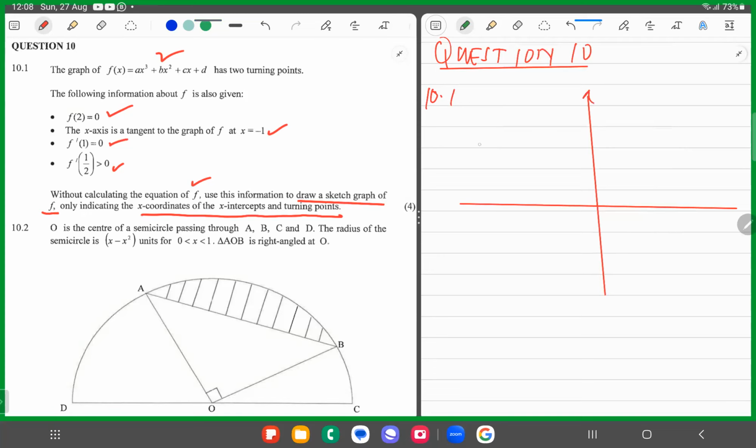So we have this. This goes there. Minus 1, the x-axis is a tangent to the graph of f at minus 1. But f at 2 is equal to 0. So there's a 2 here. f primed at x equal to 1 is 0.